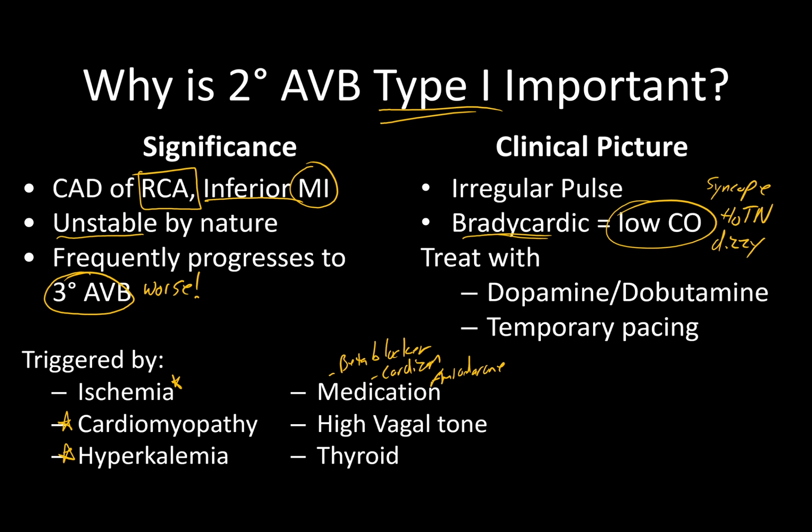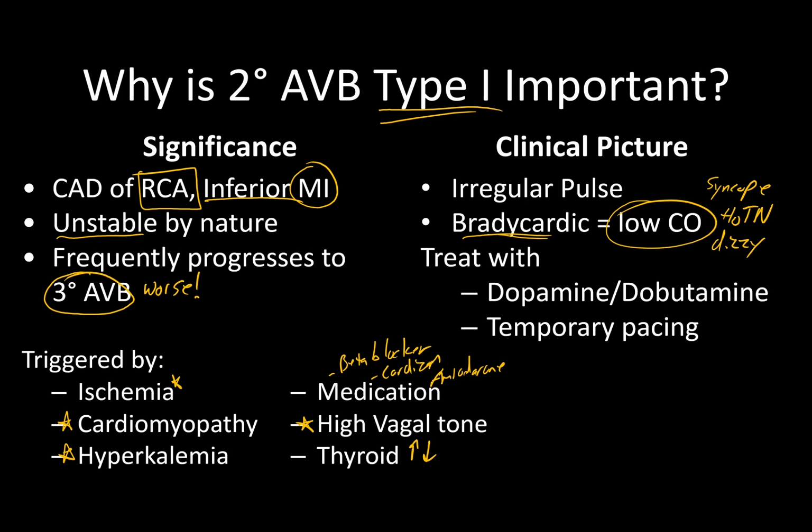Medications we give quite frequently to a lot of our patients. That's why medication management is so important to prevent things like this from happening or getting worse. A high vagal tone, just if your vagus nerve's overstimulated, and hyper and hypothyroid can also be triggers for this type of thing to occur.